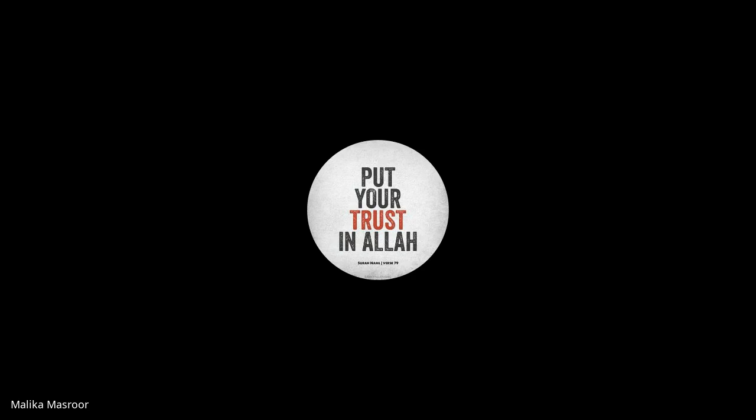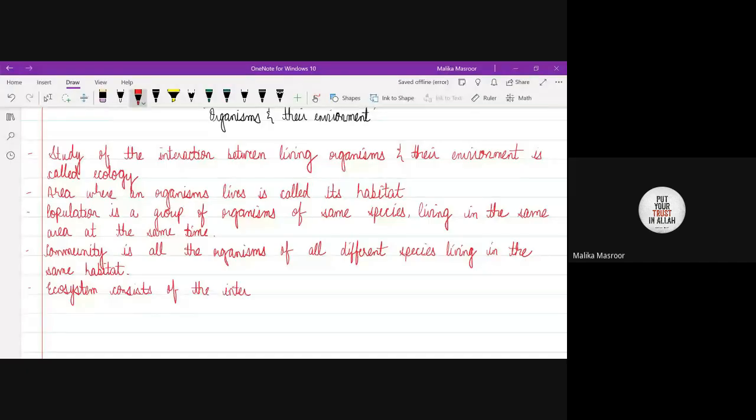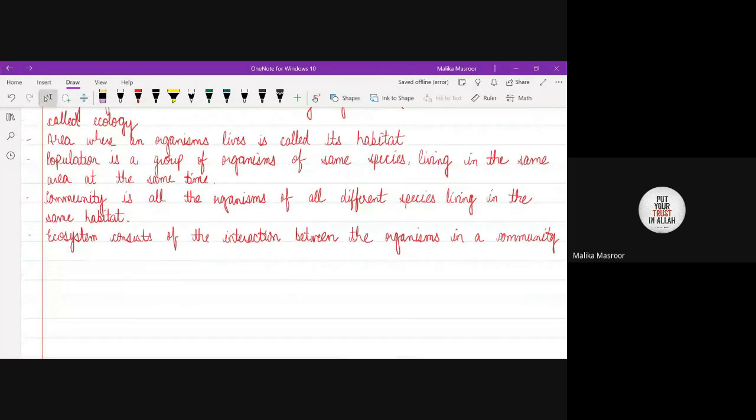Interaction between the organisms in a community, and the environment.